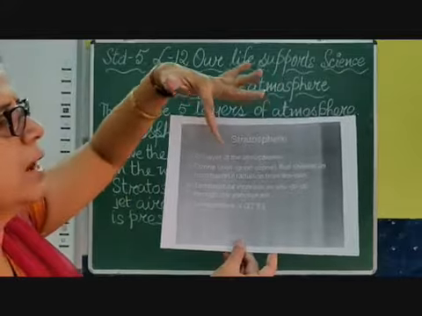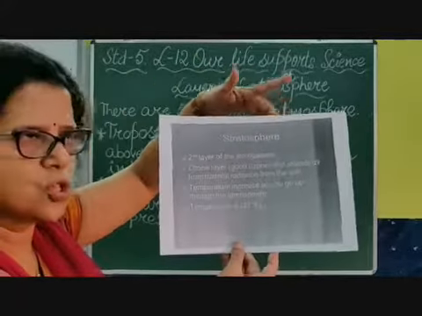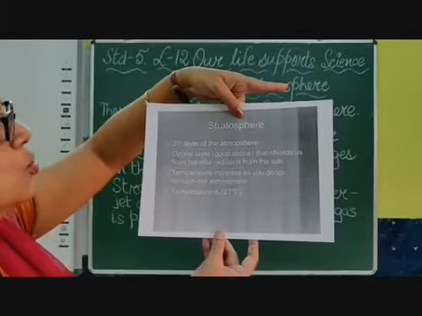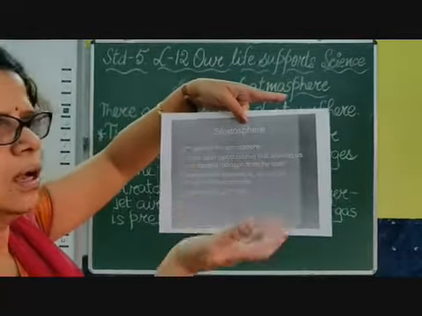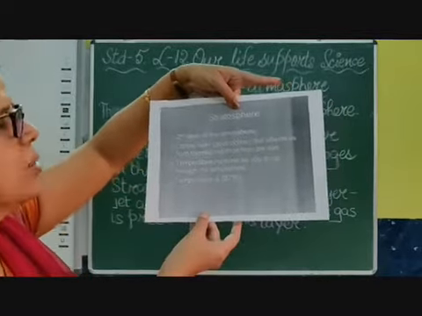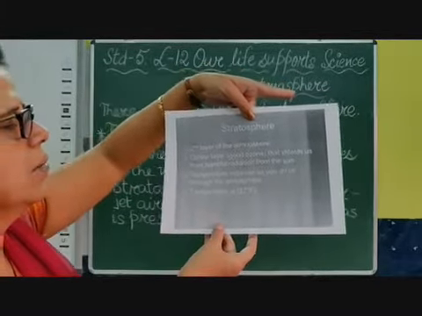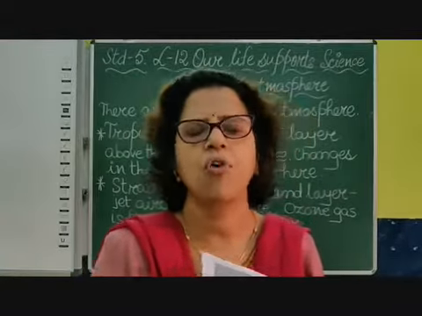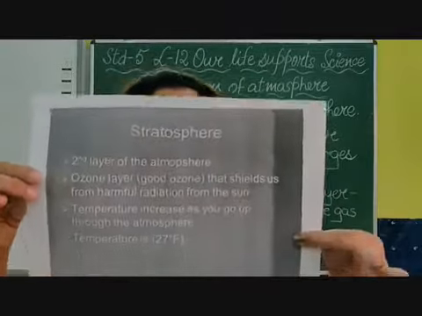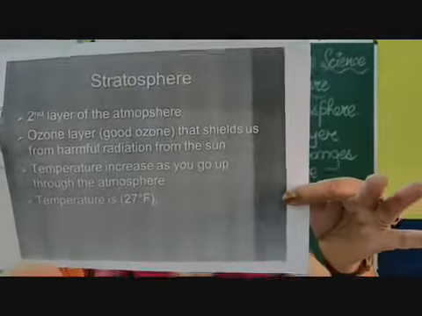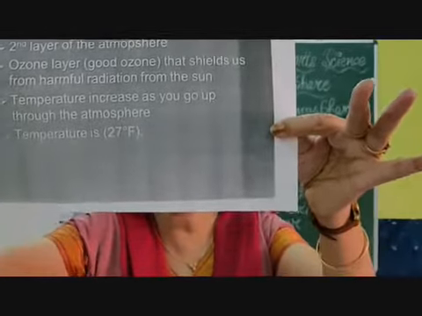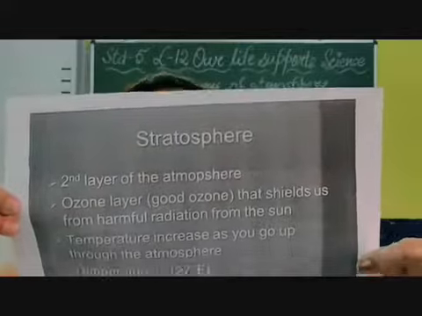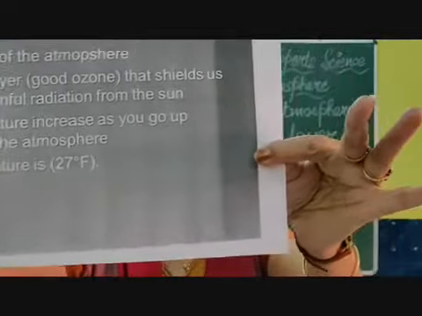So this ozone layer in the stratosphere is good, it protects us. The temperature is about minus 27 degrees Fahrenheit, or minus 45 degrees Celsius. Naturally, as you go higher up, it will be extremely cold. Okay, so this is your stratosphere.